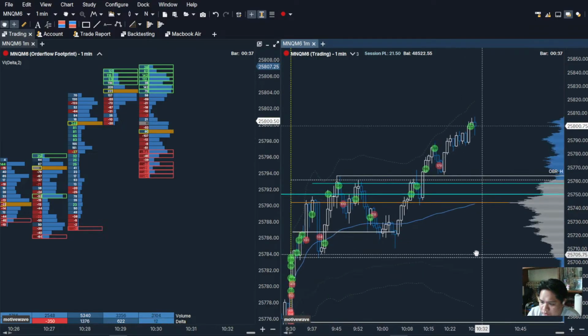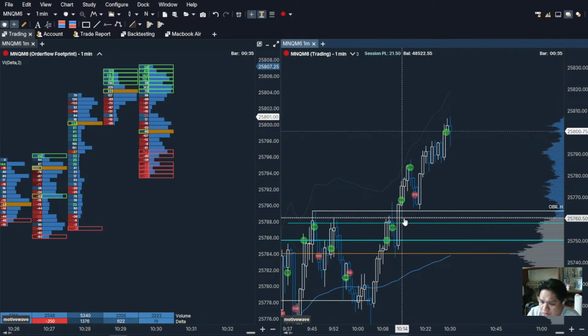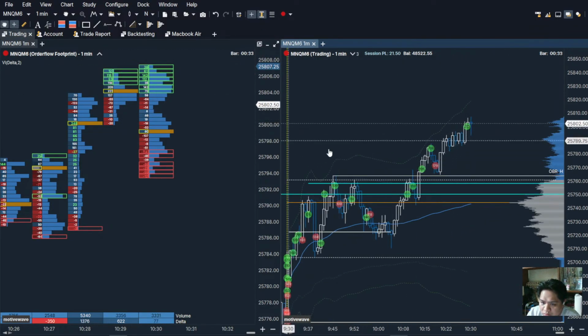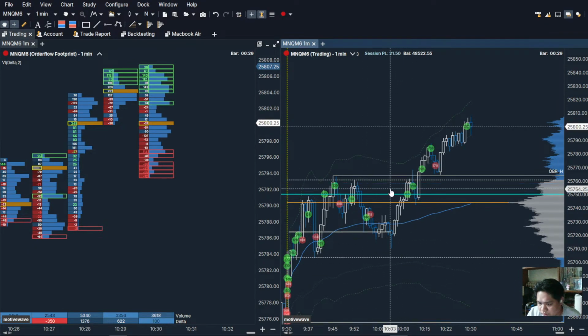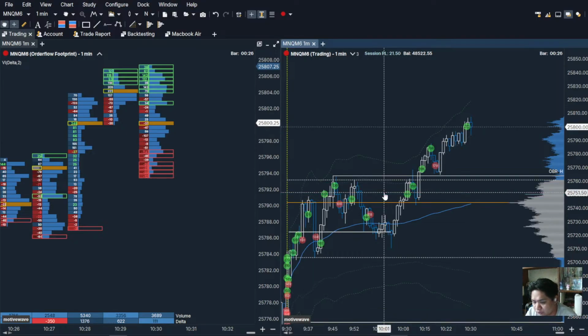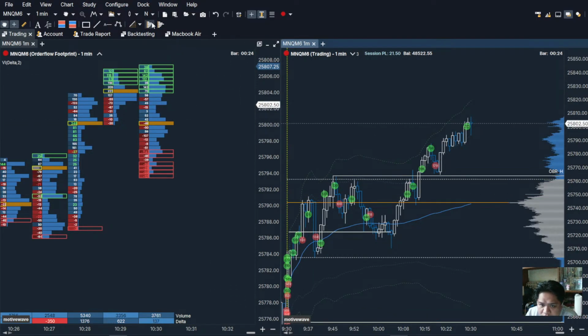Now we can find a short towards these two levels. Let's have a look at a more updated delta here.